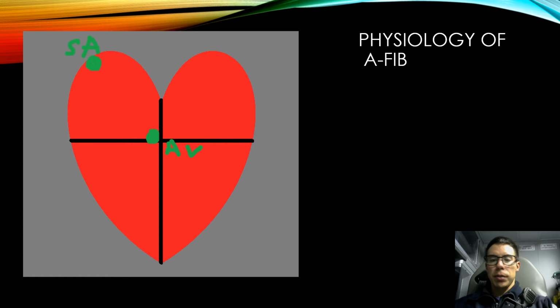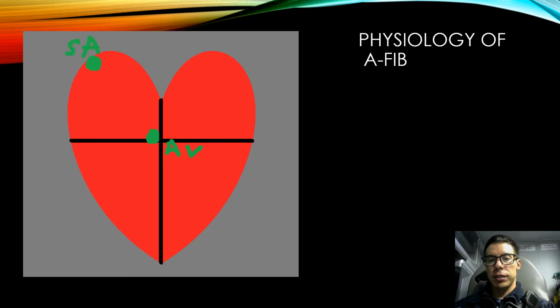So let's talk about the physiology behind afib. With afib, what's happening is each individual heart cell has automaticity, which is its ability to generate its own electrical impulse without any other stimuli.